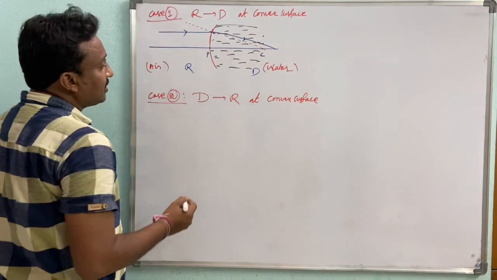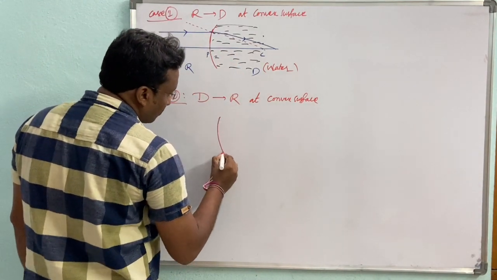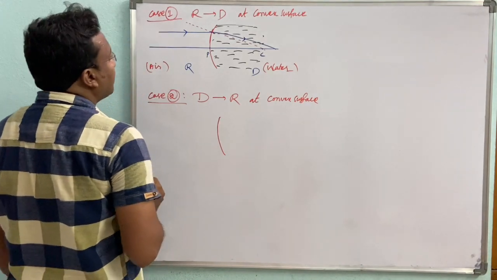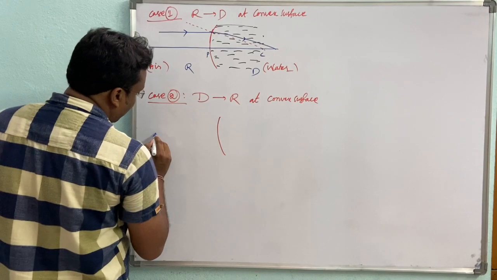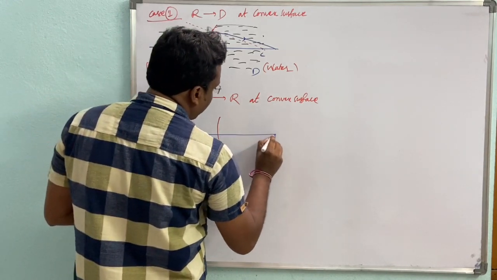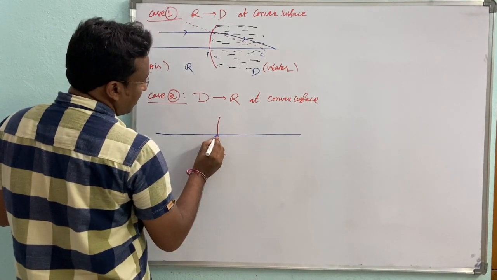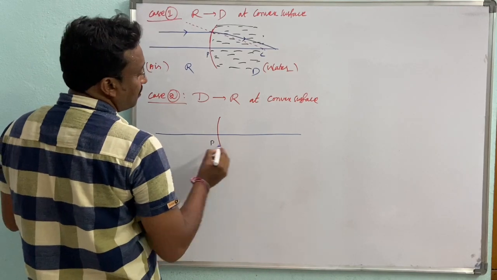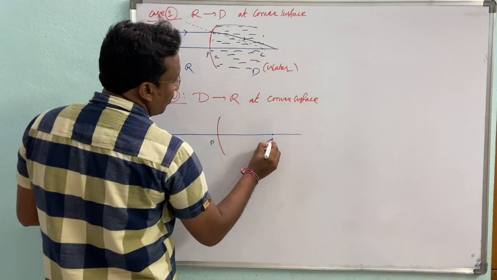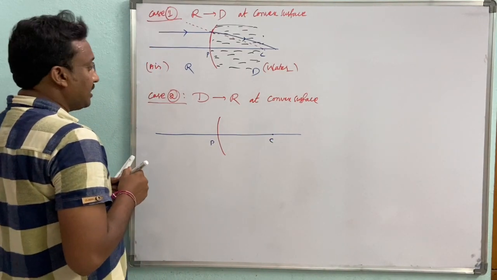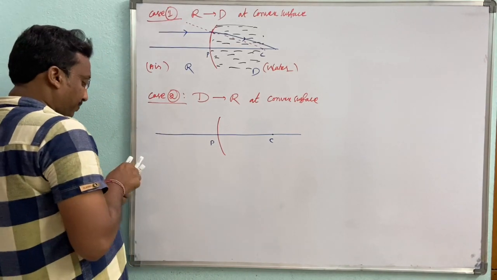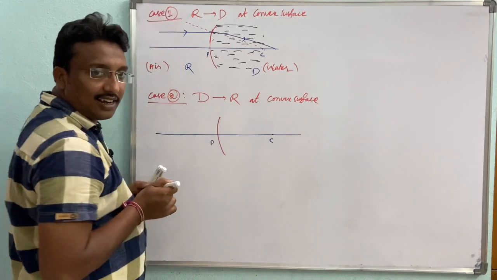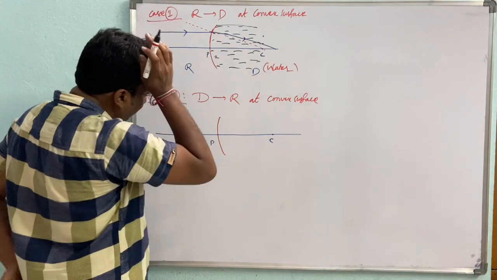Here the principal axis, pole, center of curvature, and see it. Here this is the denser medium now. Here light is traveling from the denser to the rarer medium now.